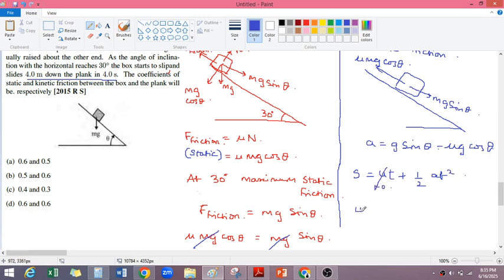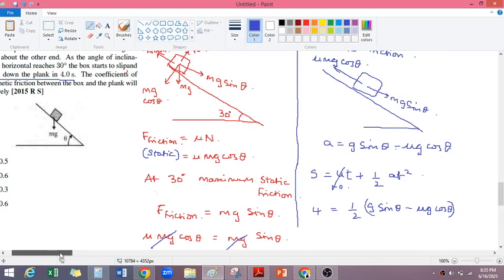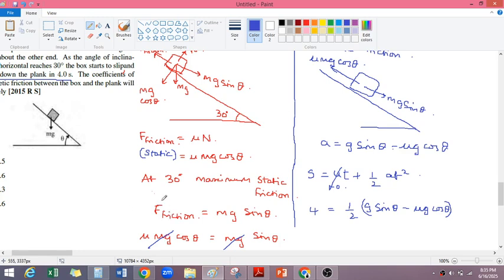Distance covered is 4 meters. Half acceleration is this entire thing. Time is 4 seconds, so 4 square.